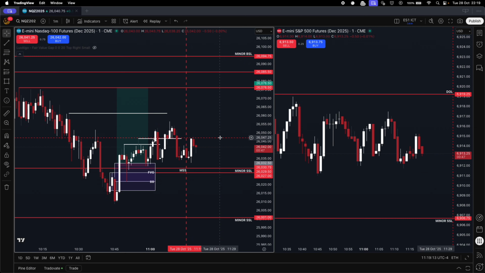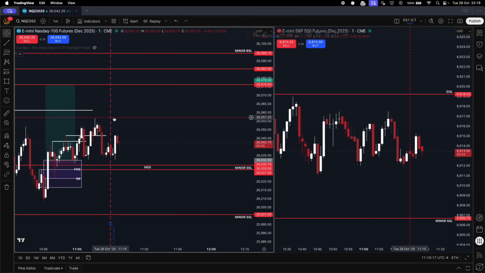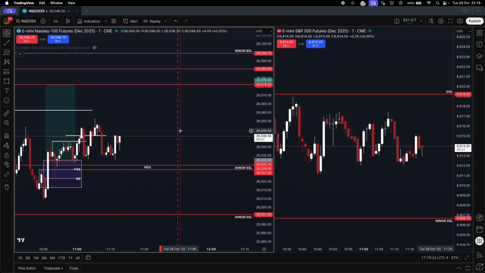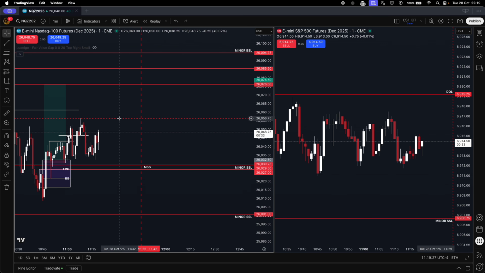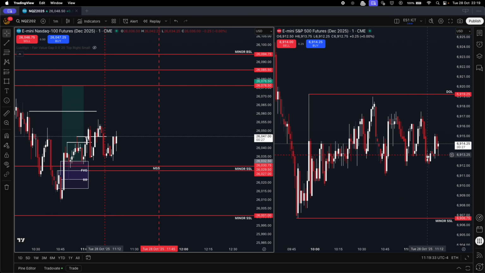As we approach lunch at 11:45 to 12:15, I would like to see NQ trade lower and take out points of sell side, and for ES to manipulate out of this accumulation period.